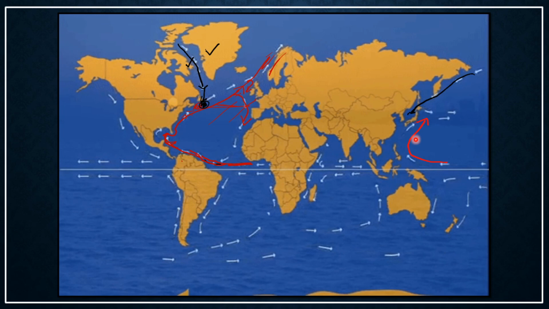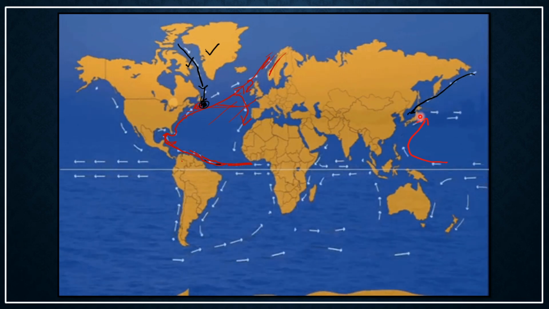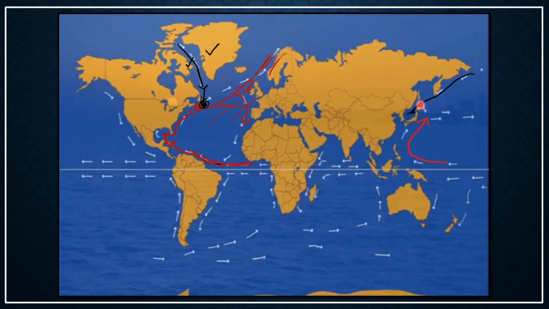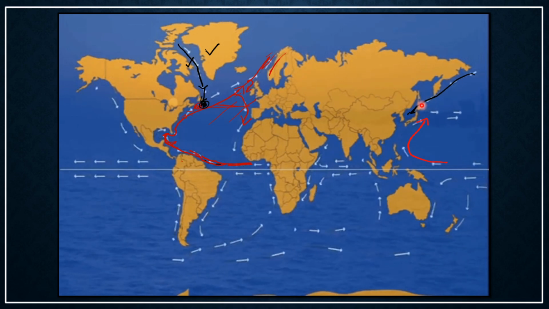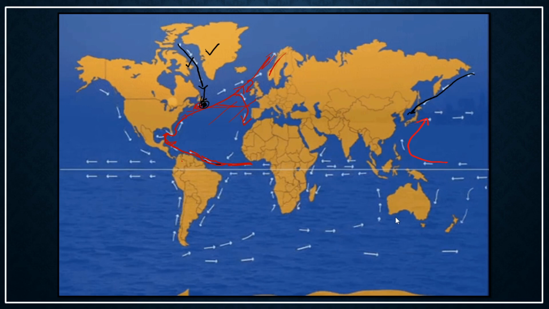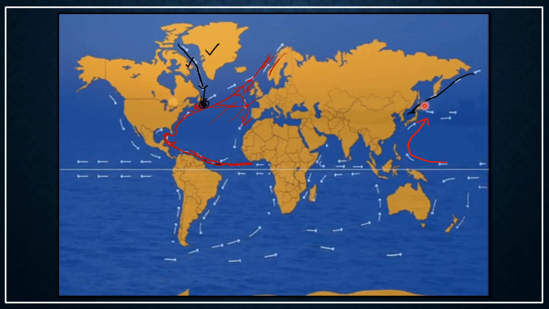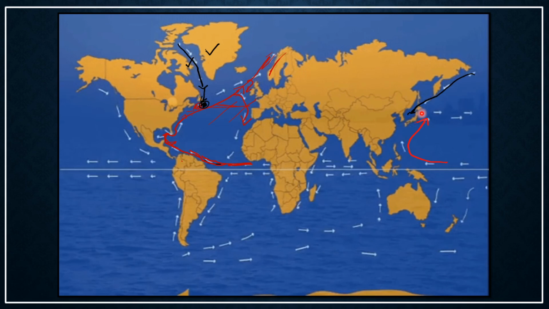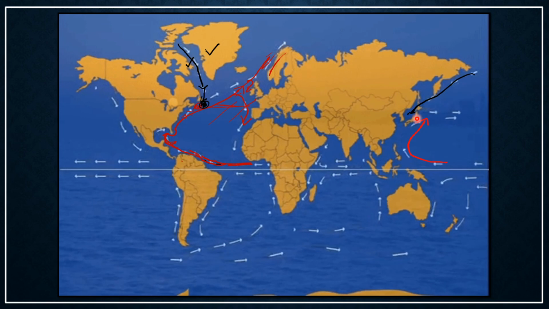It modifies the temperature of the eastern coast of Japan, Hokkaido and Honshu, the topmost islands of Japan. In spite of being at a very high latitude, they are found to have a moderating influence due to the presence of the Kuroshio current.